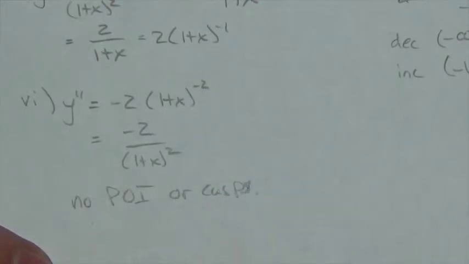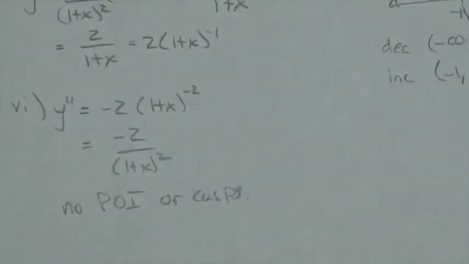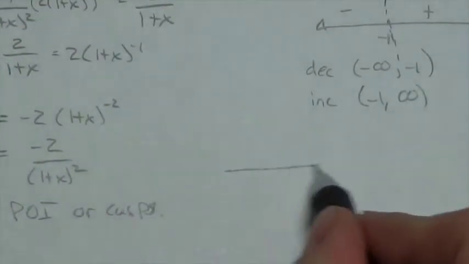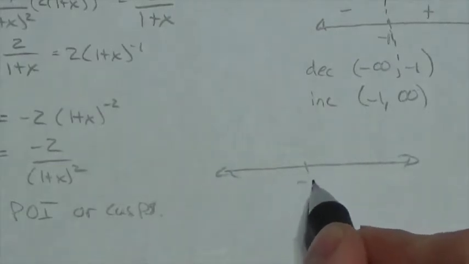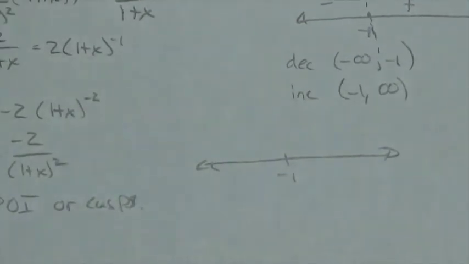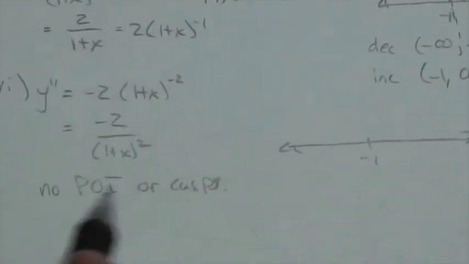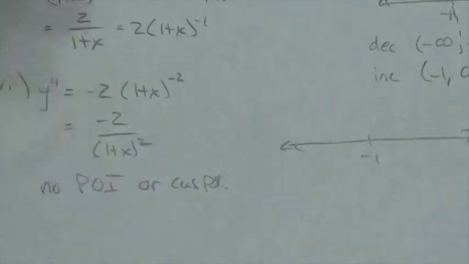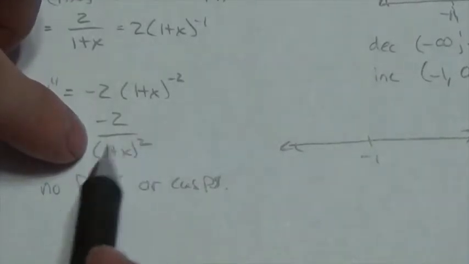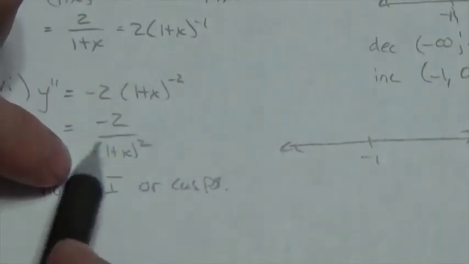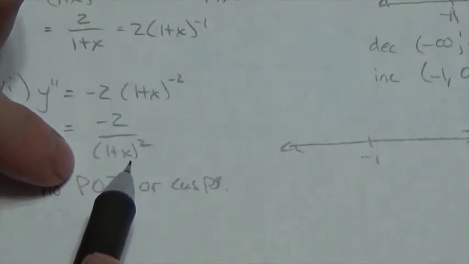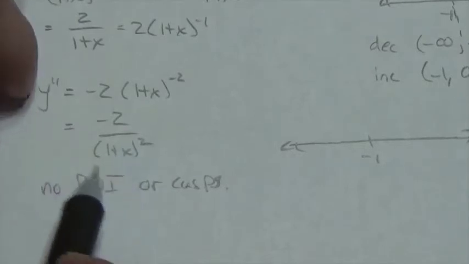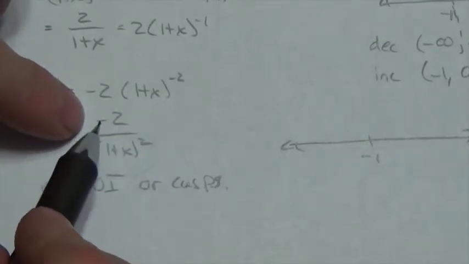Okay? But we can still investigate the intervals of concavity because that asymptote is a natural place where the concavity could change. So, it's an interesting thing, this second derivative. Notice that no matter what you plug in for x, other than -1, because at -1 it's undefined, the denominator is going to be positive because of the square, and so the whole second derivative will always be negative.